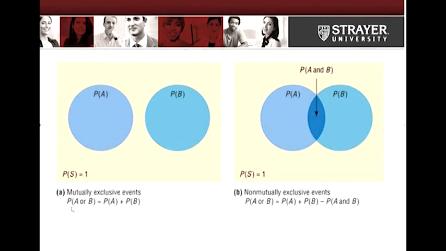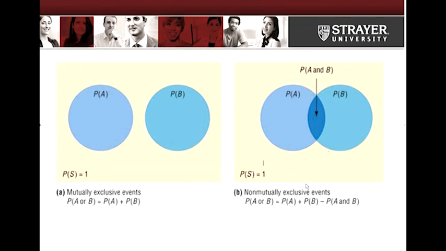So let's look at a picture. Here we have mutually exclusive events. So if A is completely separate from B, then the probability of A or B is simply A plus B. However, if they're not mutually exclusive, then that means they might overlap. So then we would have the probability of A plus the probability of B, but you notice that that middle section has been counted in both categories.